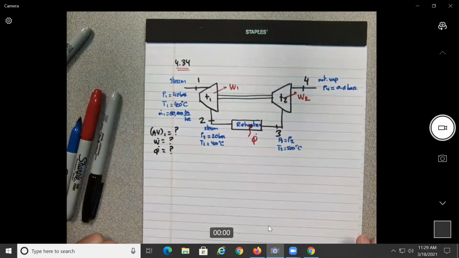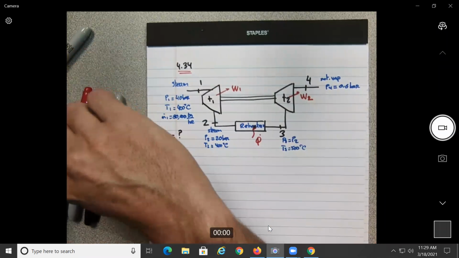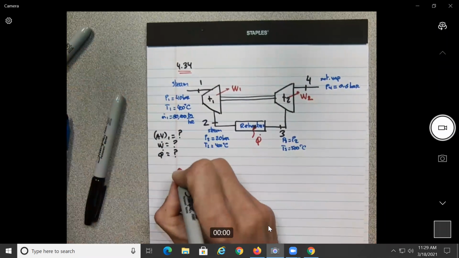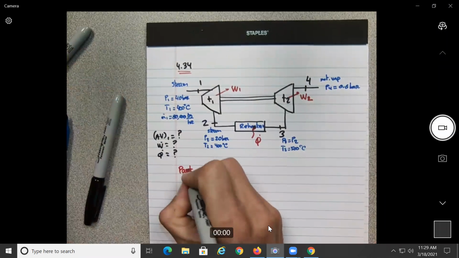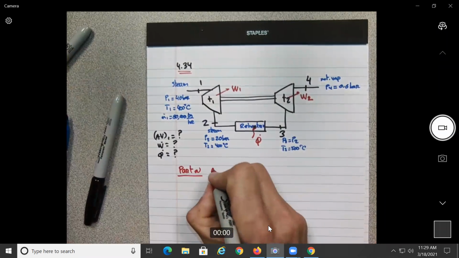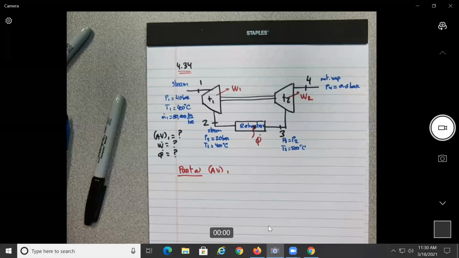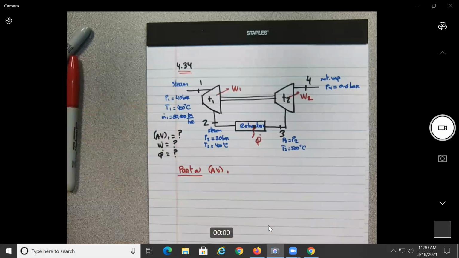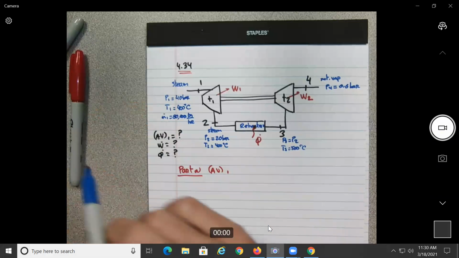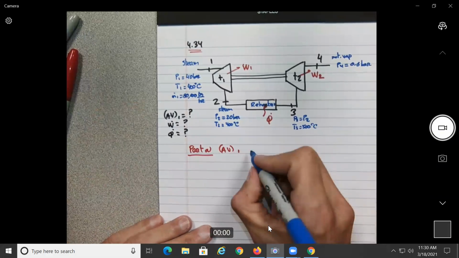Okay, so over here, first thing we're going to do is part 1, or part A, as they call it here. We're going to determine the volumetric flow rate at 1. Let's see. I want to use the blue because it's new, the black is a bit old. So what is the definition of the mass flow?